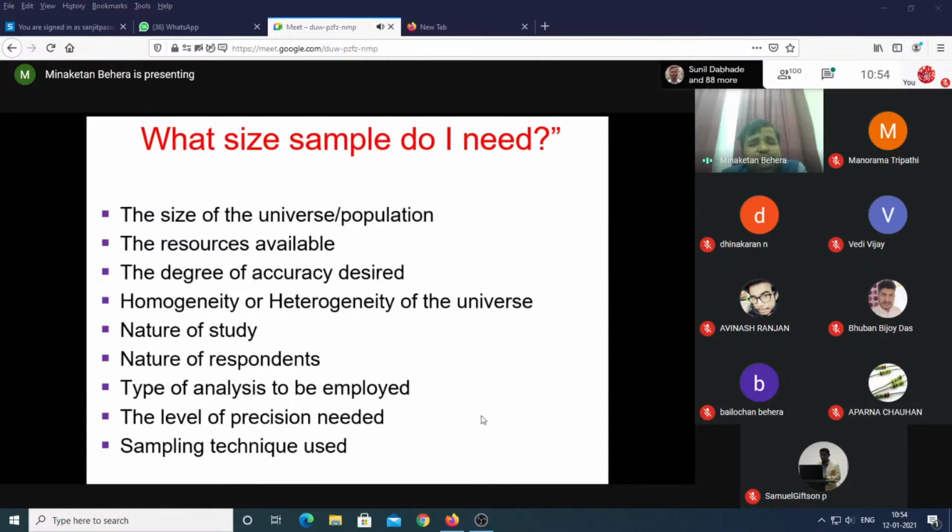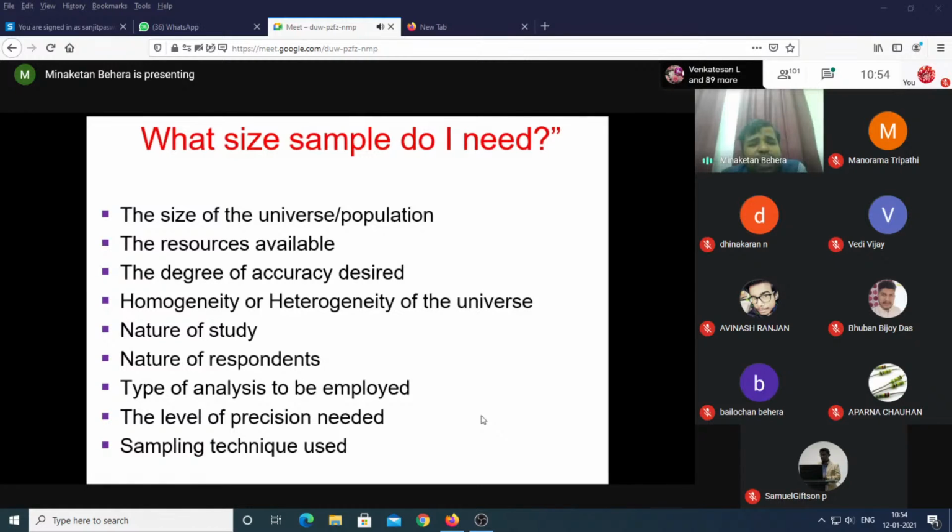Yes, you can. You have the right to use simple random sampling at one stage, and at another stage you can use purposive sampling. That is your choice. At one stage you can use stratified, and at another stage simple random sampling or purposive sampling.